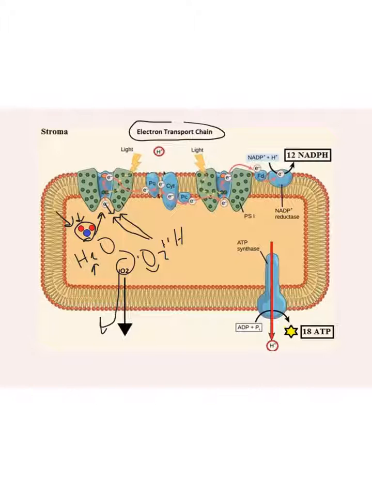If you remember, when it got over here to cytochrome in photosynthesis, the energy of these electrons was used to pump hydrogen in. Same thing, except in respiration, it's going to be the opposite. The energy from those electrons is going to be used to pump hydrogen out.